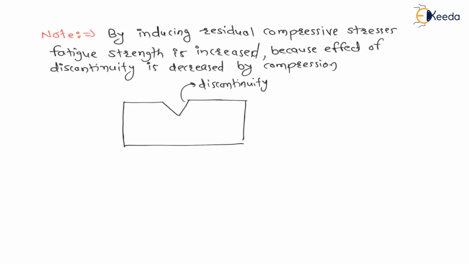Now on this component, if I apply compressive stresses, initial compression, it is called initial compressive stresses, because of this initial compression, the fatigue strength is going to increase. This is the statement. See, because of this compression, can I say the notch is going to decrease? Because of this compression, the notch will decrease, and as the notch is decreasing, discontinuity is decreasing, hence strength of component is increasing.